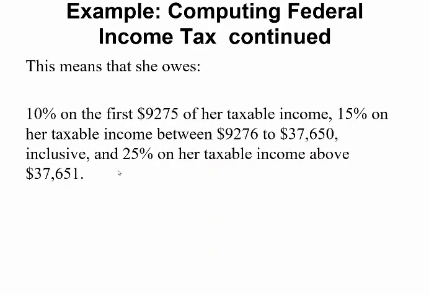Here's what happens. She pays 10% on the first $9,275 of her taxable income, 15% on all her taxable income in the next tax bracket, everything between $9,276 and $37,650, and then she pays 25% on her taxable income above that, $37,651.